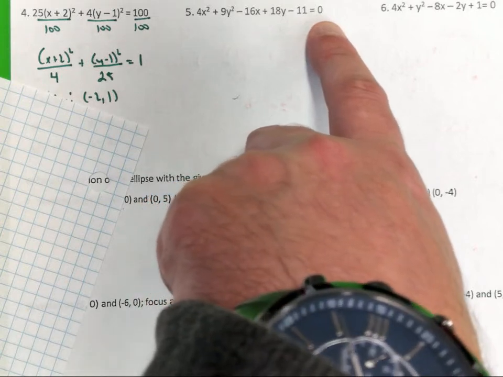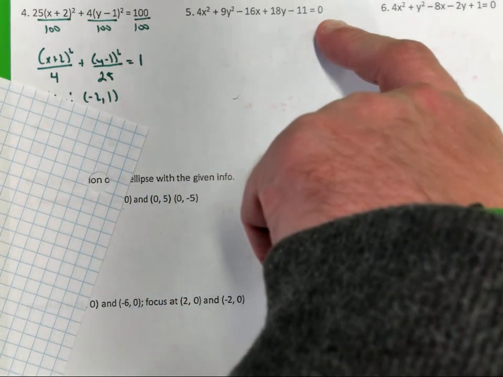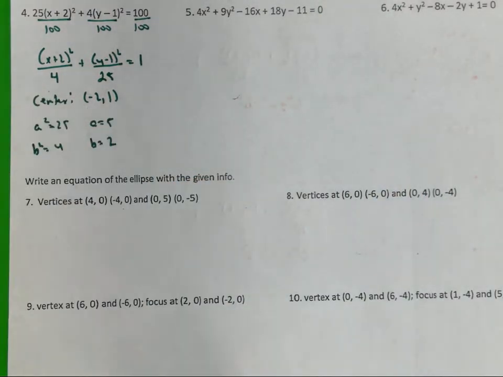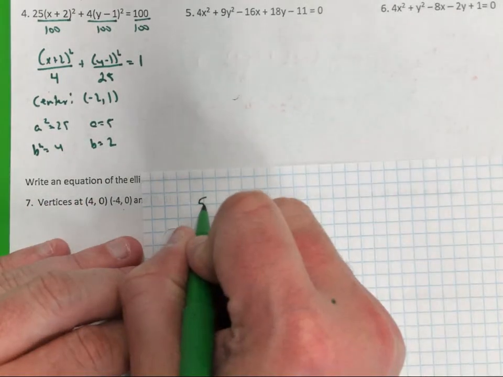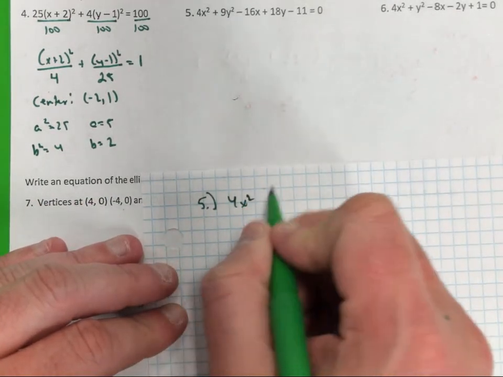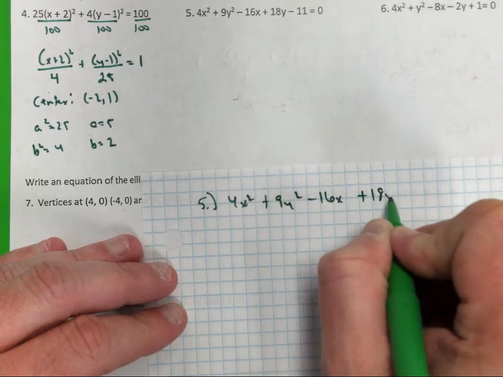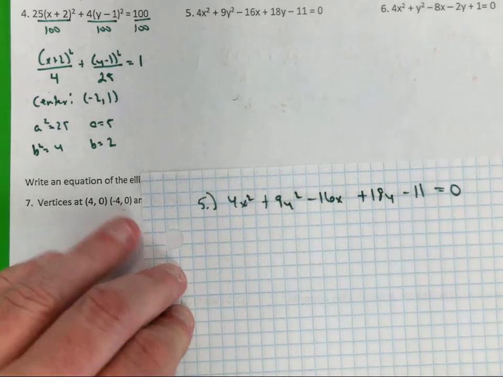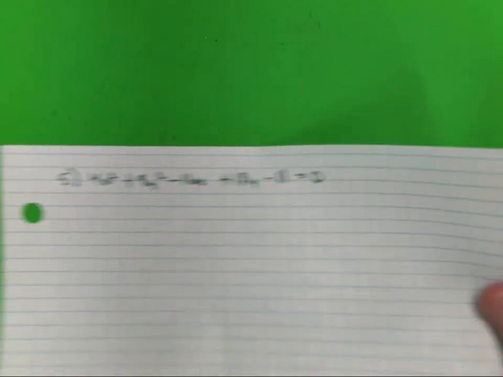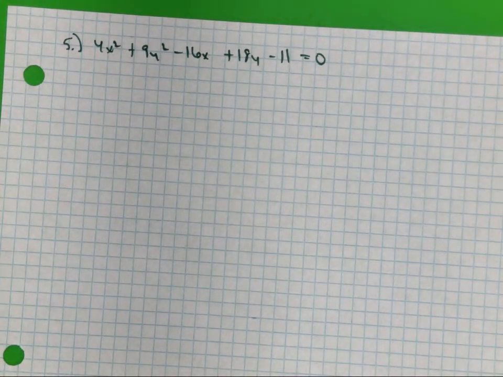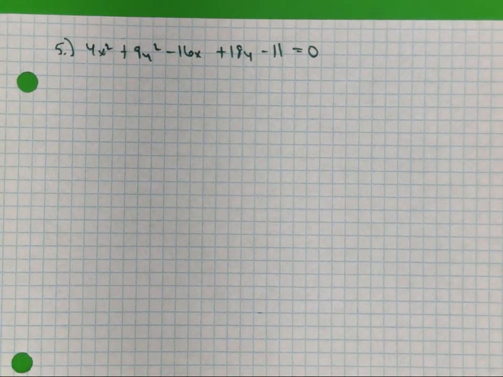So here, these are the ones you got to complete the square on, like we did yesterday. Okay, completing the square. So, I'm going to do this on a separate sheet of paper. So we're going to complete the square on this one. And I knew I had to do this process because it's set equal to 0, and I can't get a 1 there.